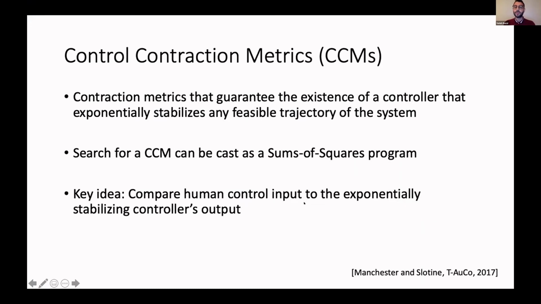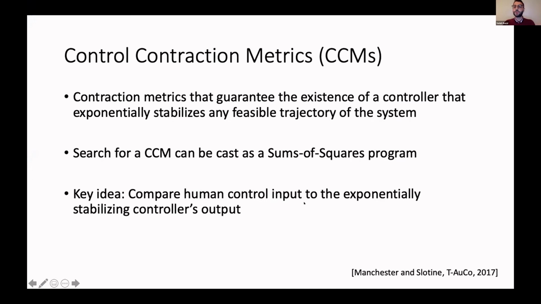More specifically, what we propose is to leverage the concept of control contraction metrics. Within the framework of contraction analysis, you can look for these control contraction metrics which guarantee the existence of an exponentially stabilizing controller. The nice thing is that you can search for such a control contraction metric by casting the problem as a sums of squares optimization problem.